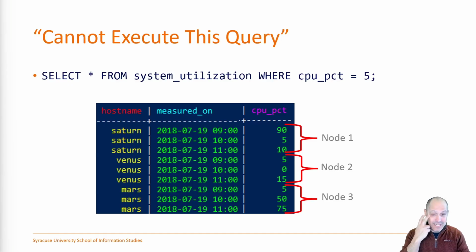Basically, if you aren't part of the key, then you are going to incur either asking more than one node in the ring for data, if you're not part of the partition key, or asking a single node to do a table scan, and neither of those is socially acceptable by Cassandra.